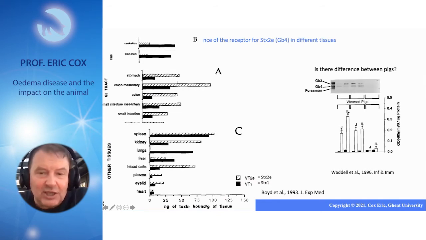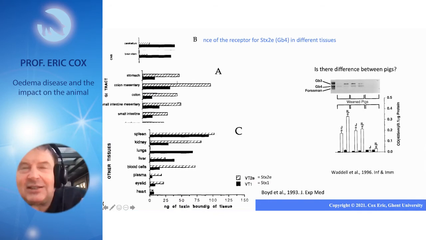There is another study that looks at binding of the toxin on the mucosa, in jejunum and ileum, and there you see that in weaned piglets there is binding of the Shiga toxin to the intestinal epithelial cells. But in that study, 3 piglets were compared, and one of the piglets almost showed no adhesion.